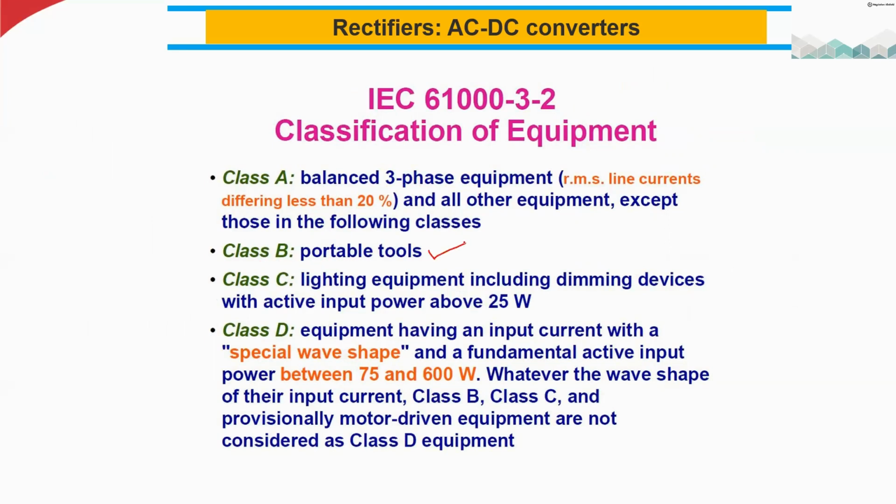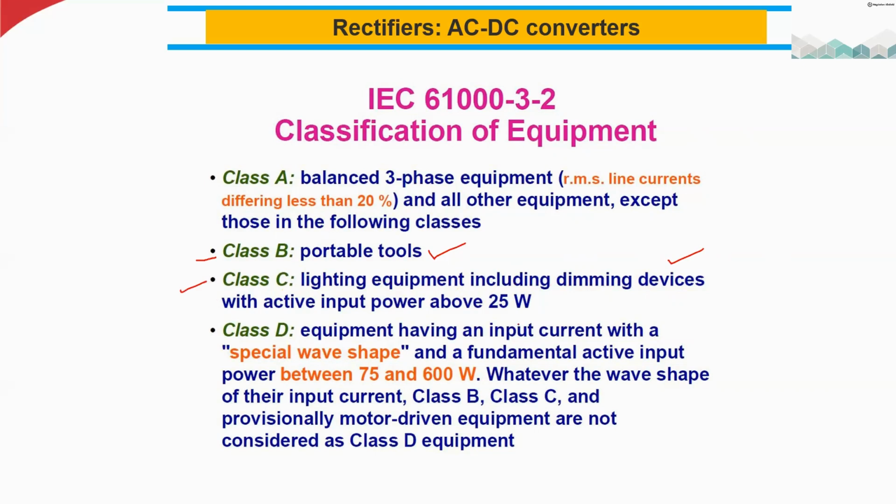For example, the drill machine you might use in your home is a portable tool. They should follow the class B standard. And class C is lighting equipment, including dimming devices and so on. During Christmas time, you use LEDs and dimming devices and portable small lighting equipment. They should follow the class C standard, and then class D.